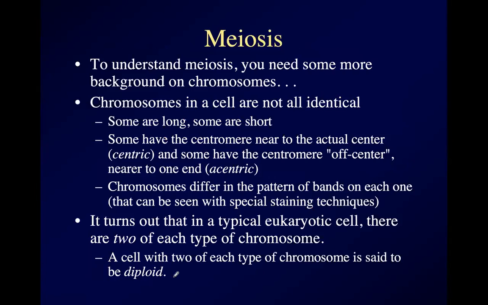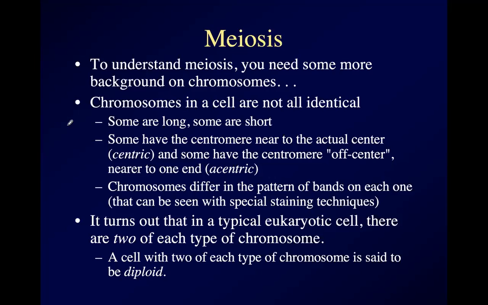Now, to understand meiosis, I've got to give you some background on chromosomes. When you look at chromosomes really carefully, the chromosomes are not all identical. Some chromosomes are long, some chromosomes are short, some chromosomes have the centromere close to the actual center.